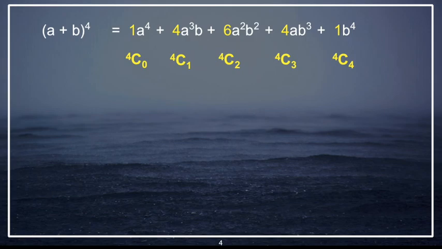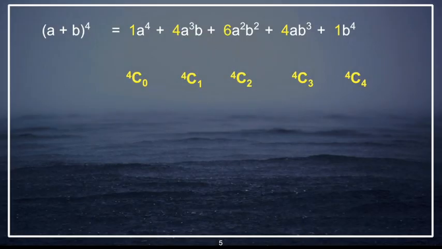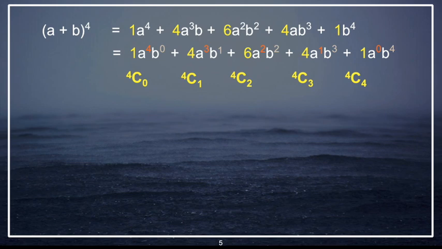Now, if you look at this expansion, you can also write it in this manner. 1a to the power of 4 can also be written as 1a to the power of 4 b to the power of 0, because b to the 0th exponent is equal to 1. Likewise, the last term, 1b to the power of 4, can be written as 1a to the power of 0, b to the power of 4.